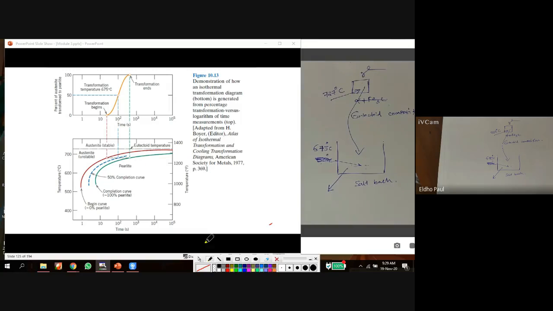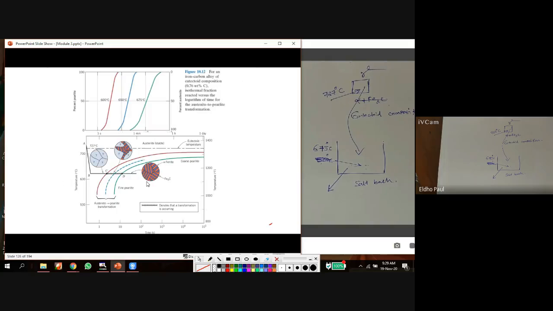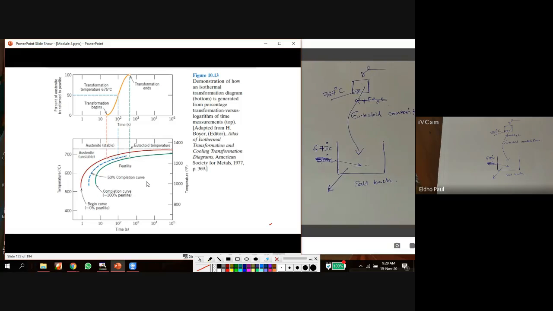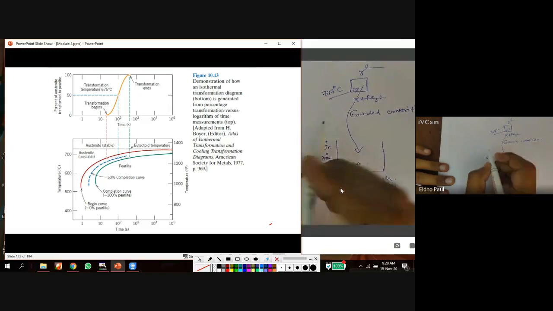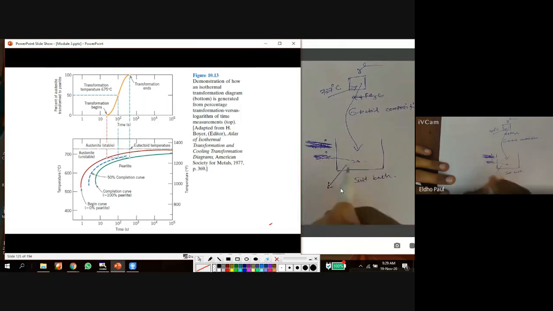Okay. Similarly, I can draw another line. Same experiment I am repeating at another temperature. For example, I am repeating at 600 degrees Celsius. So I maintain the salt temperature at 600 degrees Celsius, and I am doing the same experiment.